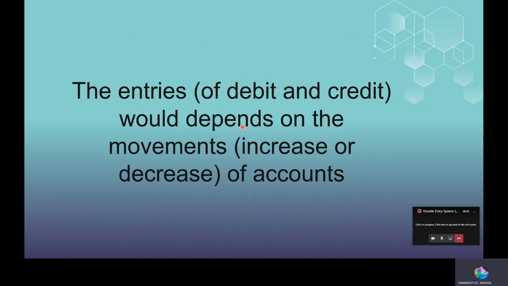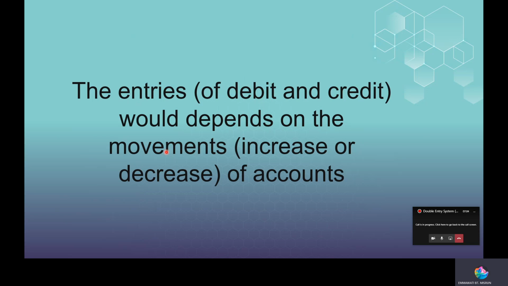The entries depend on the movements. The double entry system depends on movements. Movement doesn't mean that you have to run or jump. In accounting, movement means the status of your accounts, whether it is increasing or decreasing.